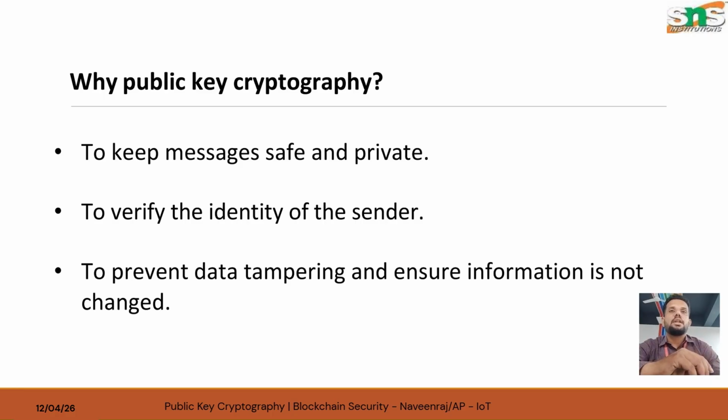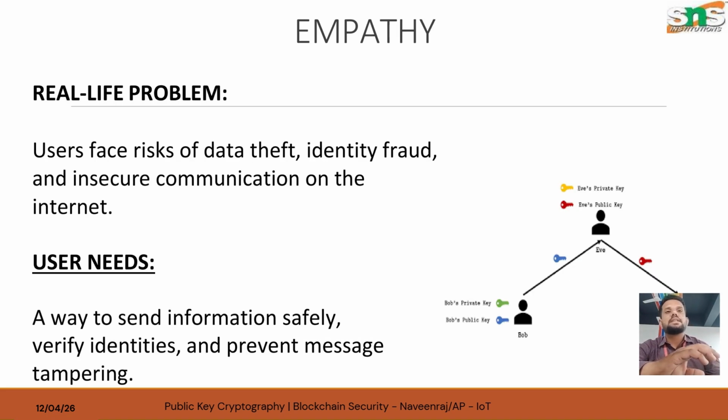Similarly, under the working mechanism, we have the encryption process. The sender obtains the receiver's public key, just like when I want to send a message I need the mail ID of that particular person. The message is converted into numerical form, then the encryption algorithm is applied.